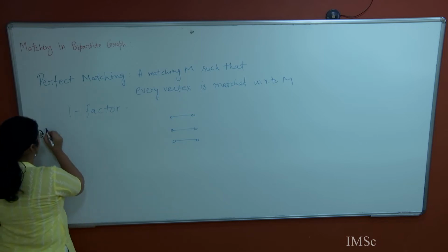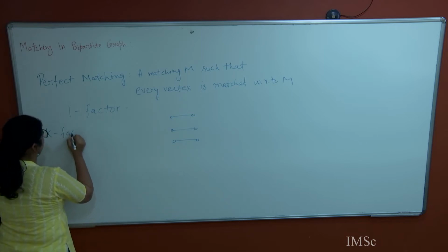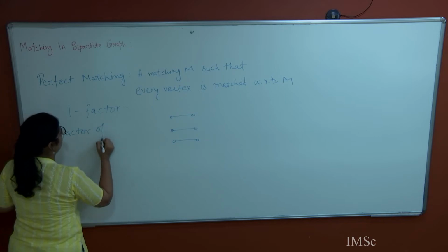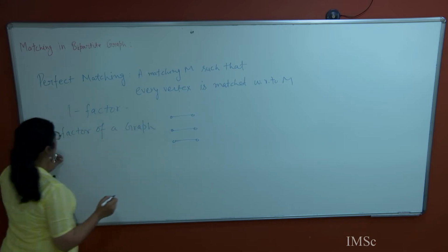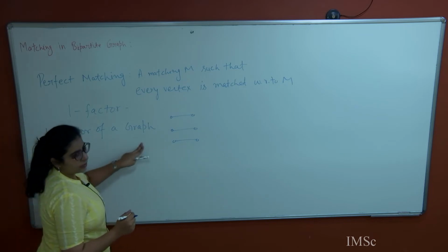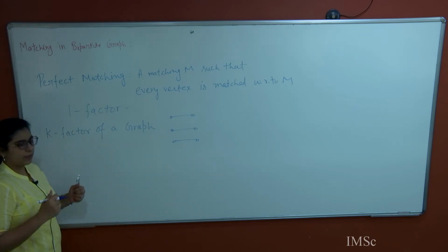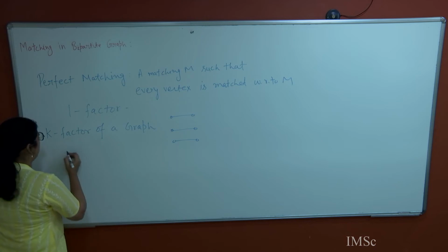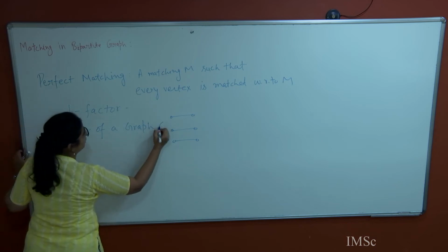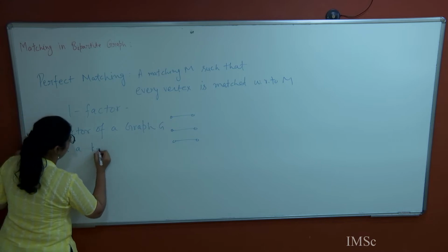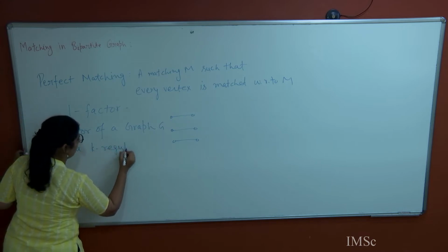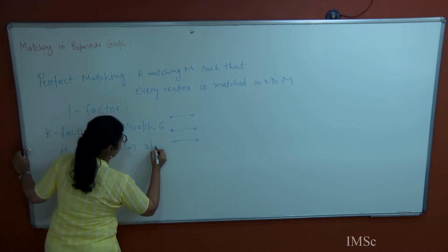So let's define what a k factor is. A k factor of a graph G is a k-regular spanning subgraph.